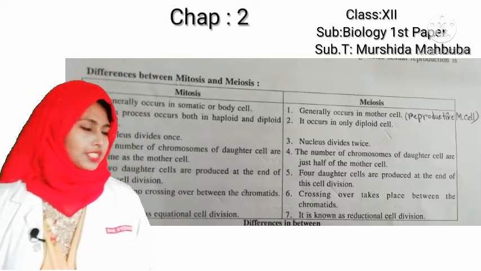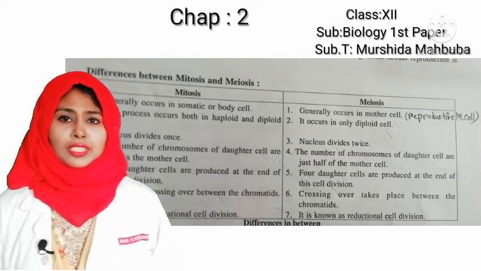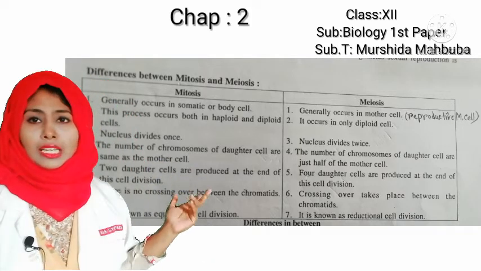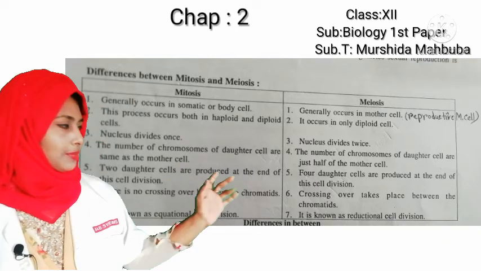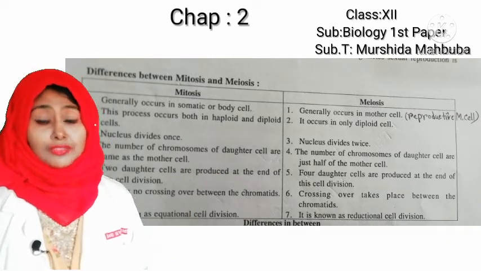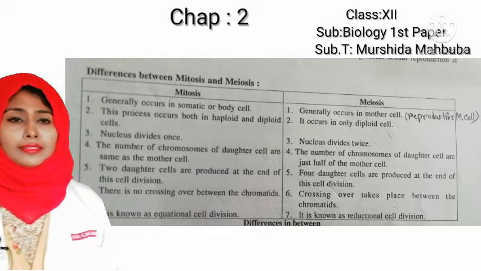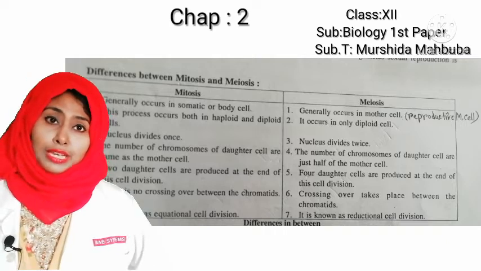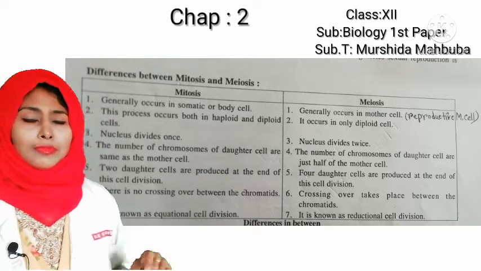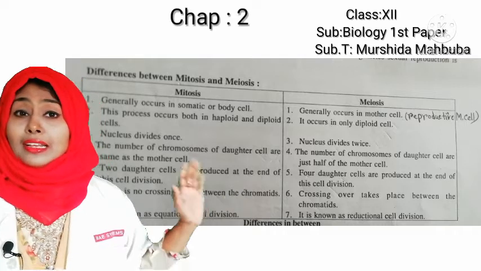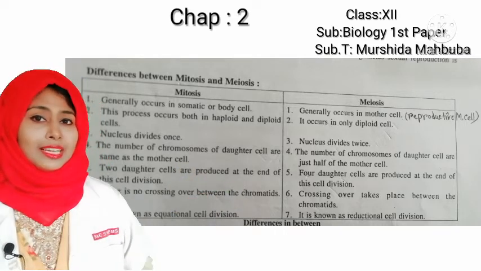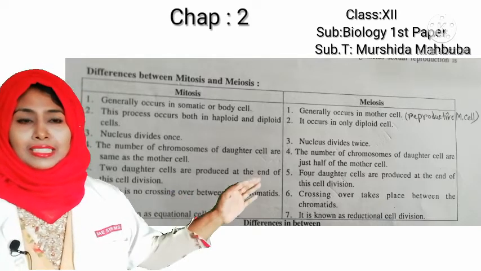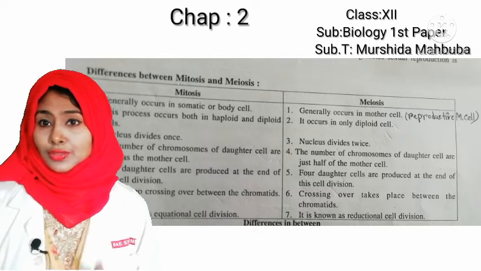Okay, my dear students, difference between mitosis and meiosis. Generally, mitosis cell division occurs in somatic cells or body cells, and generally meiosis cell division occurs in reproductive mother cells. Mitosis occurs in both haploid and diploid cells, but meiosis cell division occurs only in diploid cells. In mitosis the nucleus divides once, but in meiosis the nucleus divides twice.